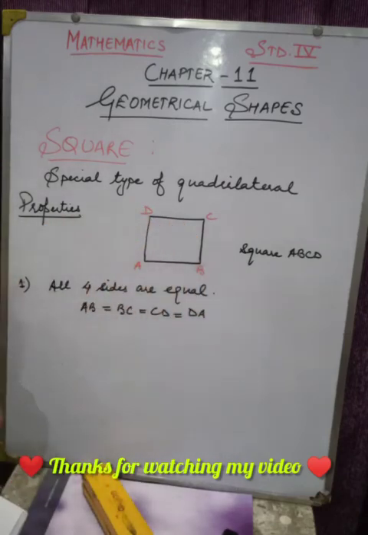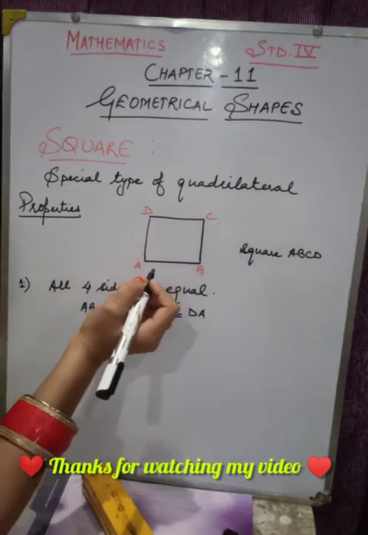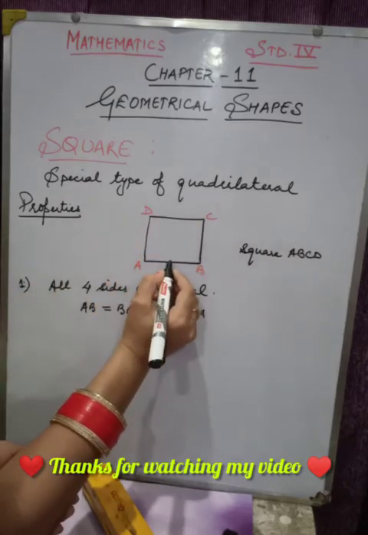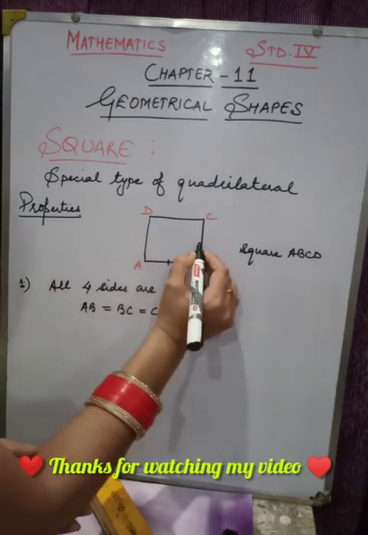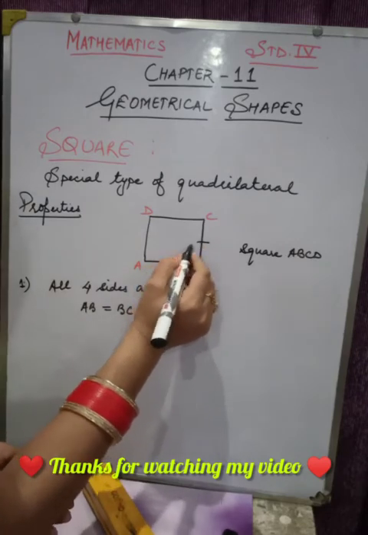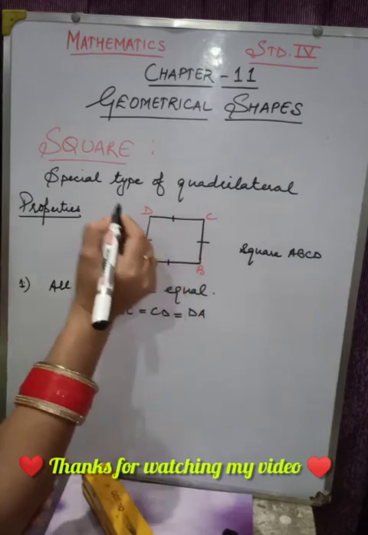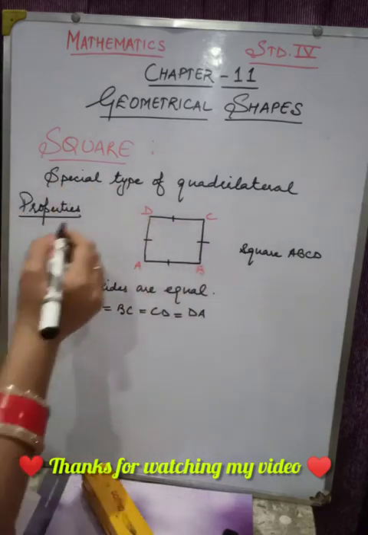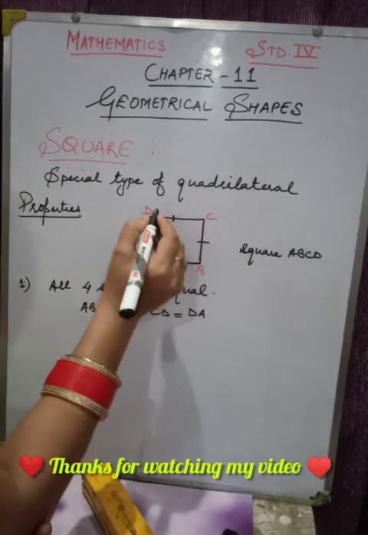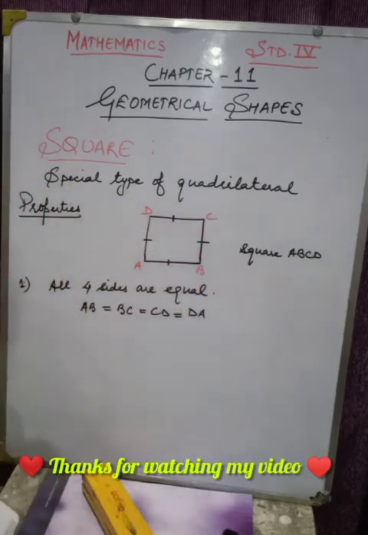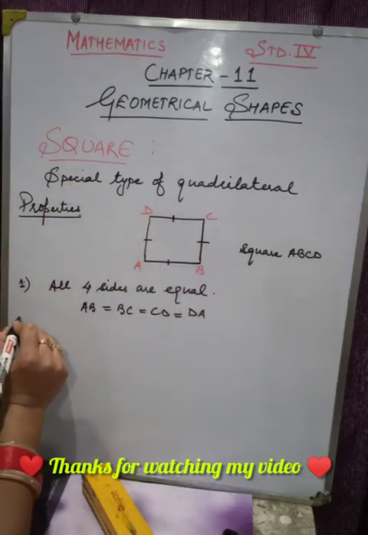This is the first property of square. So we will put a mark for the equal sign. If we write like this, it means these two sides are equal. These three sides are equal. And these four sides are equal. This mark is to show the equal sides. Next property.